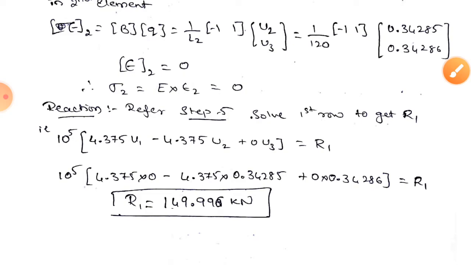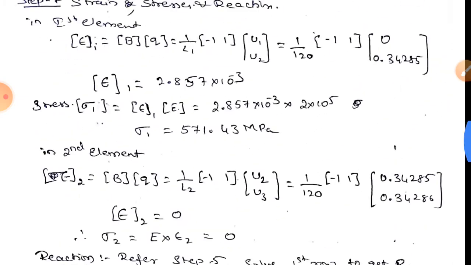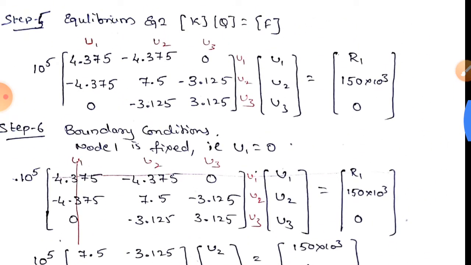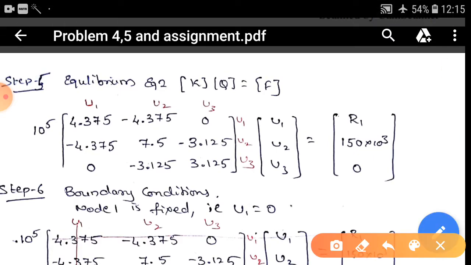Now to calculate reactions. Reaction in this bar: refer to your step 5 equation. In that, take row 1. Multiply this first row with this column and you will get R1.